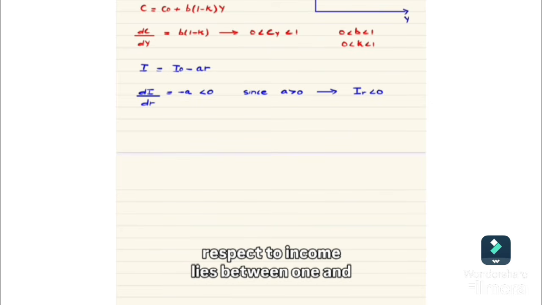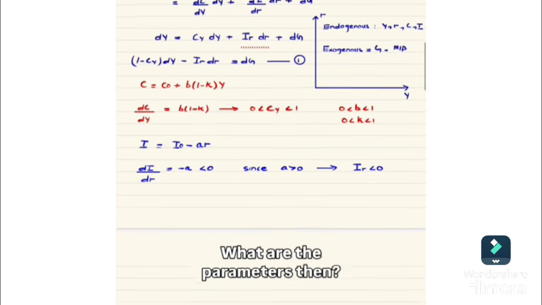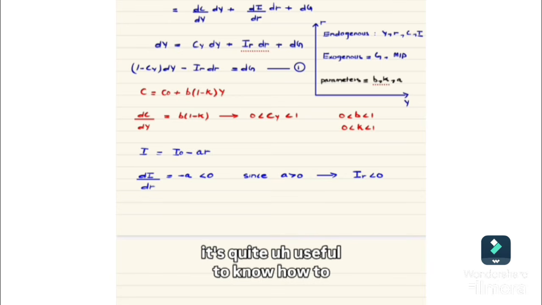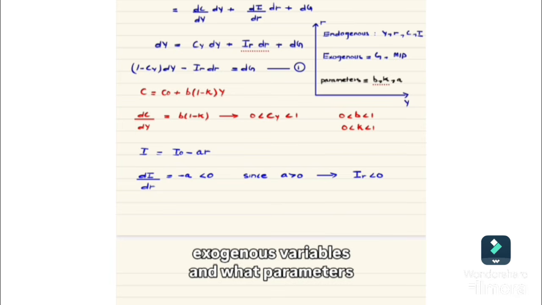What are the parameters then? The parameters are b1, k, a. It's quite useful to know how to distinguish between endogenous and exogenous variables and what parameters are, especially when you want to put your data in Dynare and MATLAB. So it's a good skill to know.